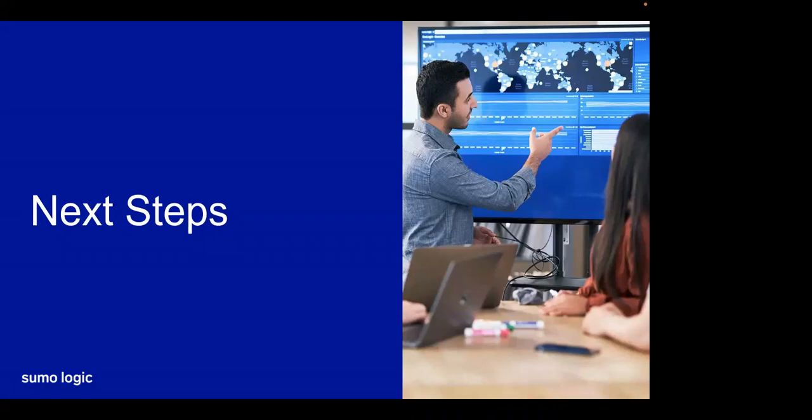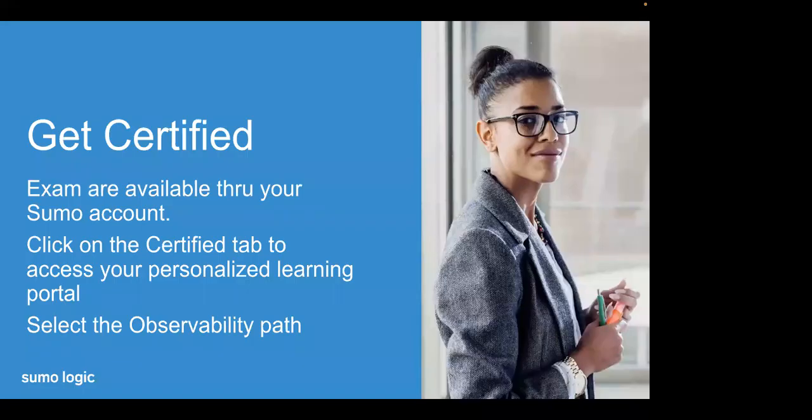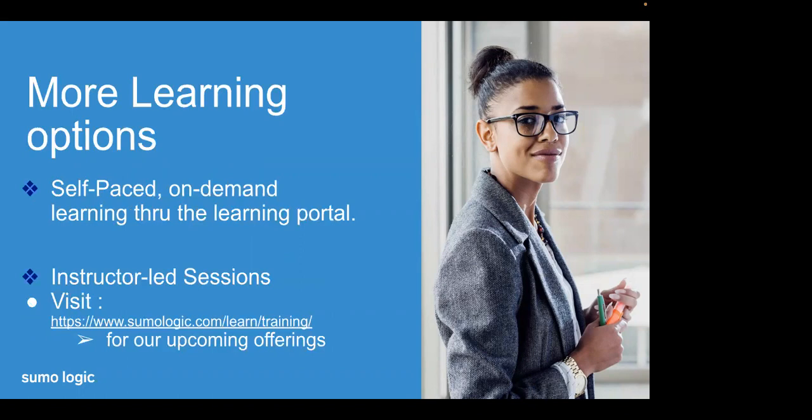If you want to continue your education and journey here at Sumo Logic, we have a bunch of certification paths. We really have two basic paths, security and observability. And if you go out to our customer-facing site, sumologic.com/learn/training, you'll see that we've got classes offered in observability fundamentals, where you go through these various tools in more detail.